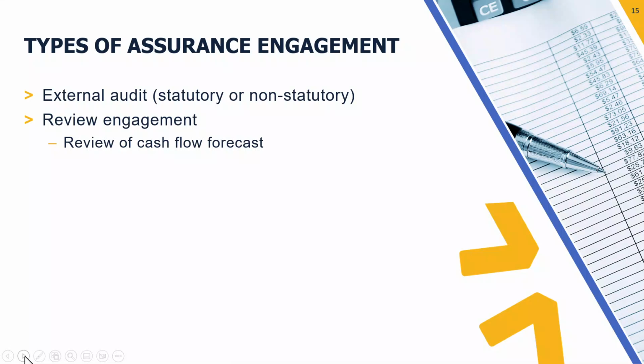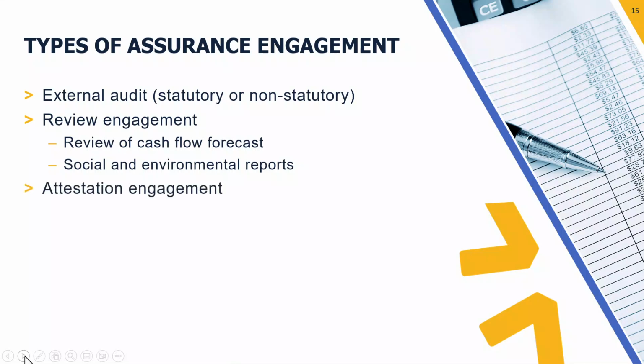Now, it wouldn't be possible to give the same level of assurance over future values as you would looking at historical values in a set of financial statements, but you are still able to provide some confidence over how the information has been prepared, for example. And so in this situation, we have what we would call a review engagement. This would be similar for social or environmental reports, where we have a slightly different focus and the level of assurance or confidence that could be given would differ.